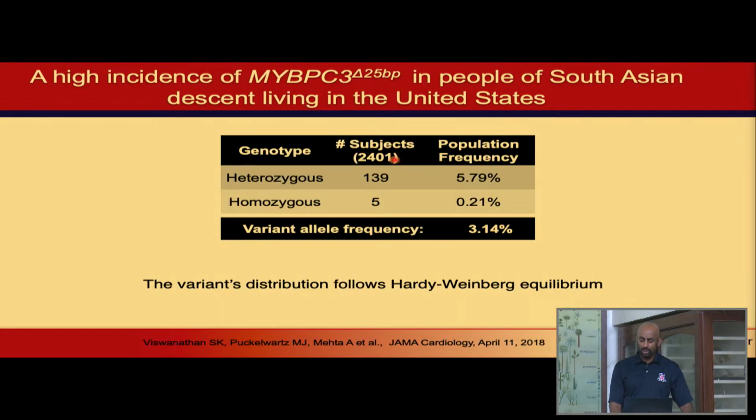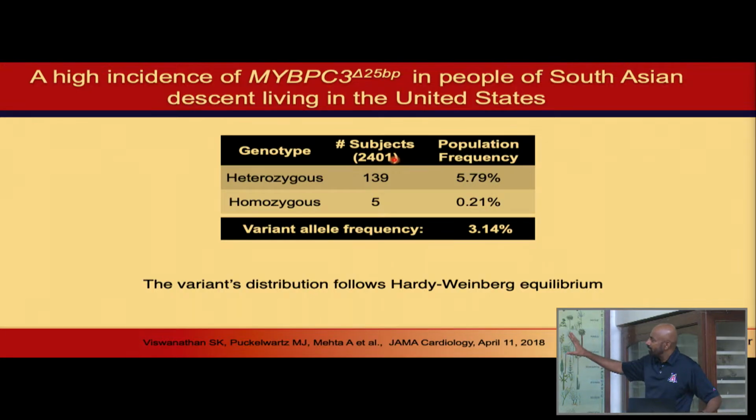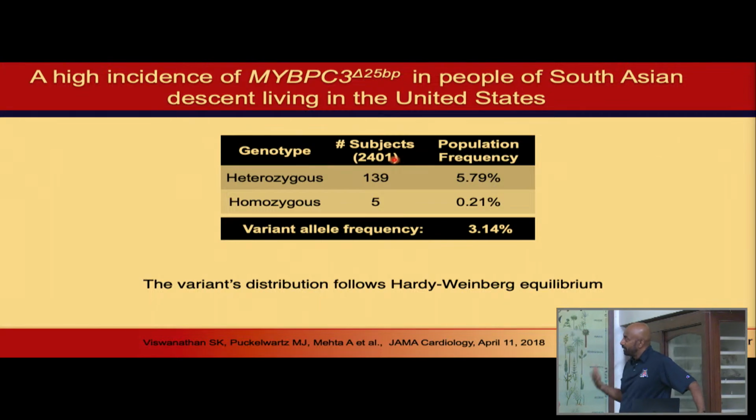The question is, in this study we invited these genetic carriers to the hospital. We performed echocardiograms. At baseline echo, 95% of the subjects carrying the mutation were completely normal, which was very good news for them.